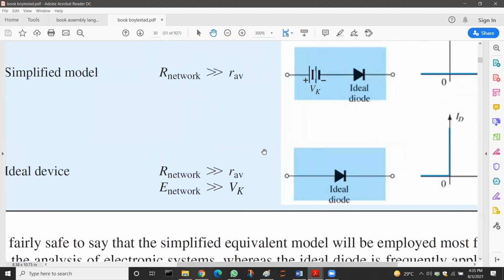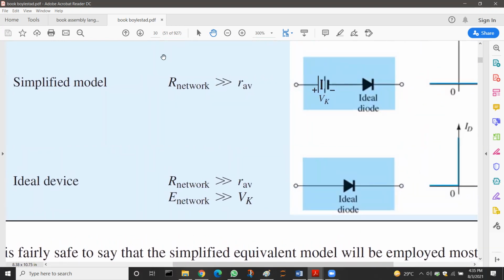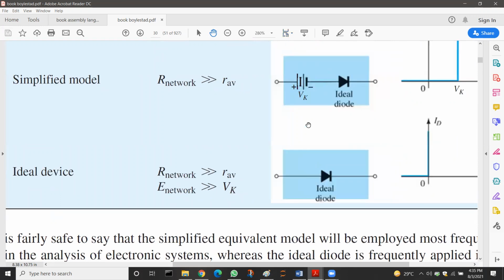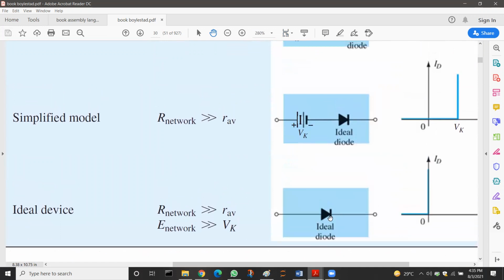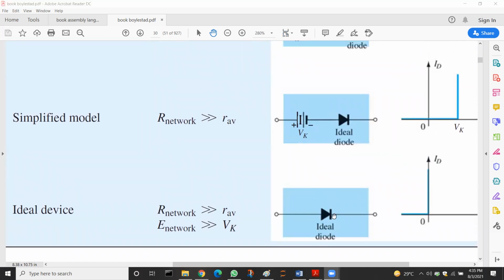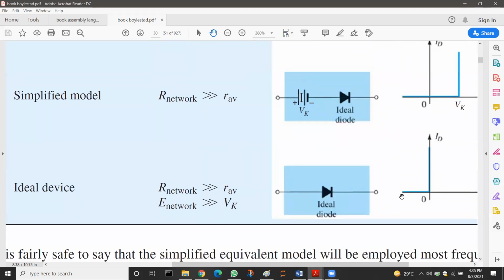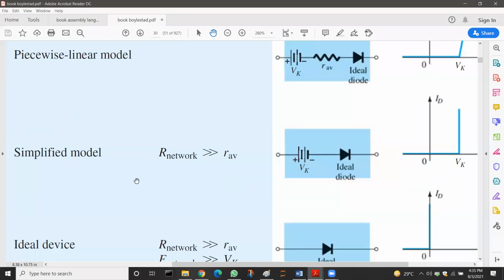This is the ideal device model, and as you can see, the diode is represented with the help of a switch, and its characteristics are shown here. Similarly, in the simplified model, we have the ideal diode, which is a switch, and we attach a voltage source, and that voltage source makes a shift in the characteristics.